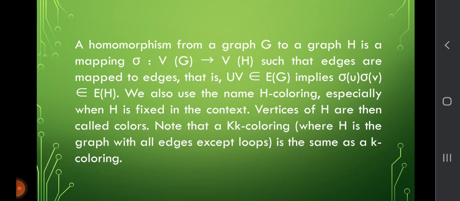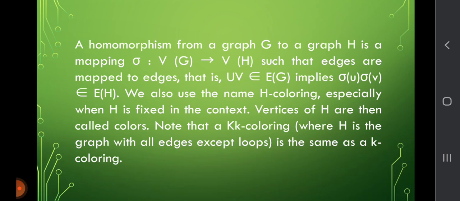A homomorphism from a graph G to a graph H is a mapping sigma from V of G to V of H such that edges are mapped to edges. That is, uv belongs to E of G implies sigma of u, sigma of v belongs to E of H. We also use the name H-coloring, especially when H is fixed in the context.